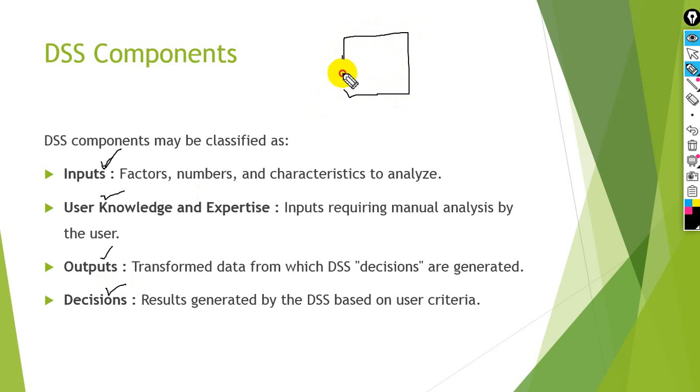Now for example, if we want to make a DSS system, first we have input: factors, numbers and characteristics to analyze. For example, if you have a problem, this will be the input for your DSS system.